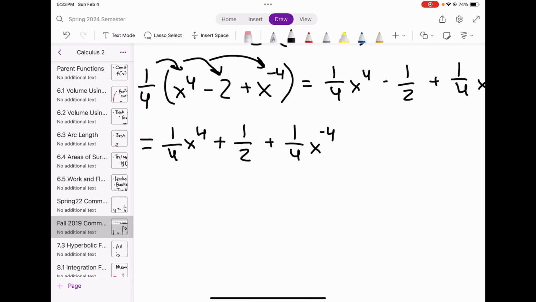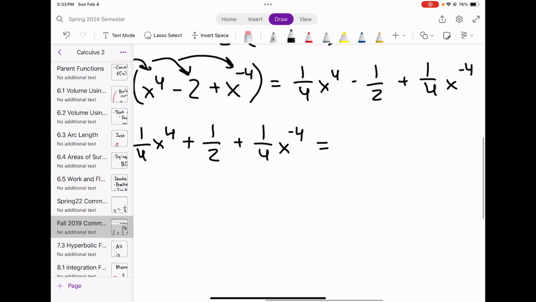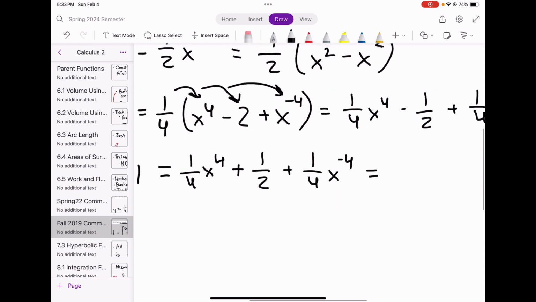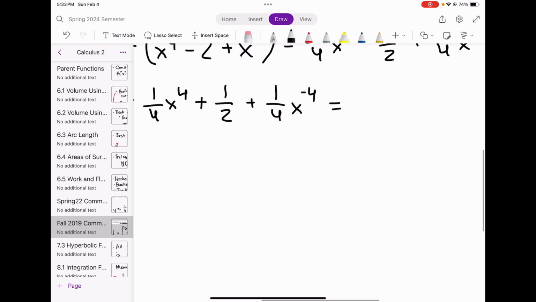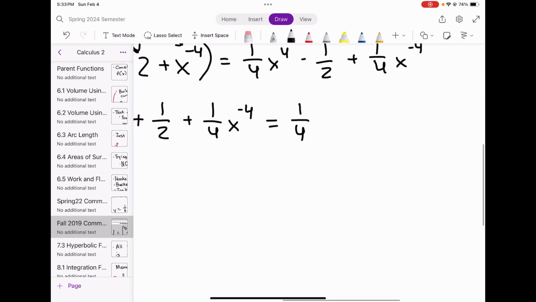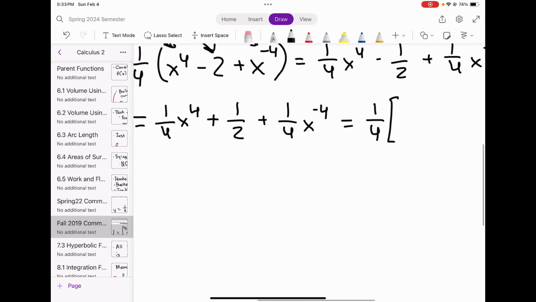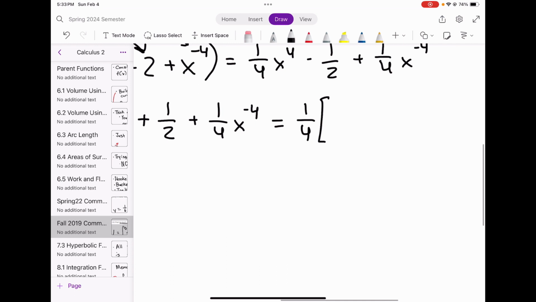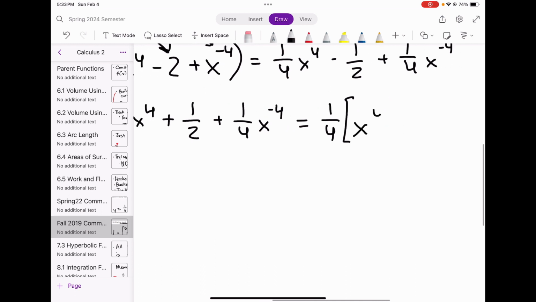And I will refactor it. I know it looks weird that I'm going back and forth, but it just makes it easier per each step. So I'm going to remove that 1/4 one more time, and you'll see why in just a minute: x to the 4th plus 2 plus x to the -4th.